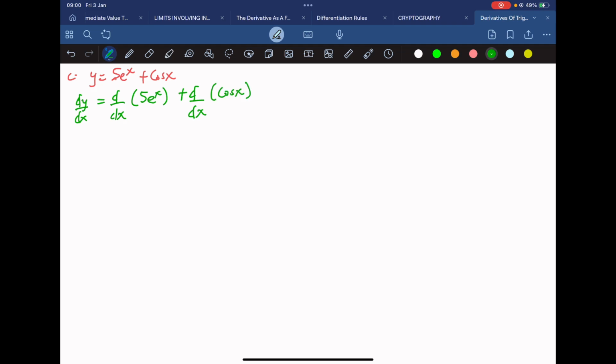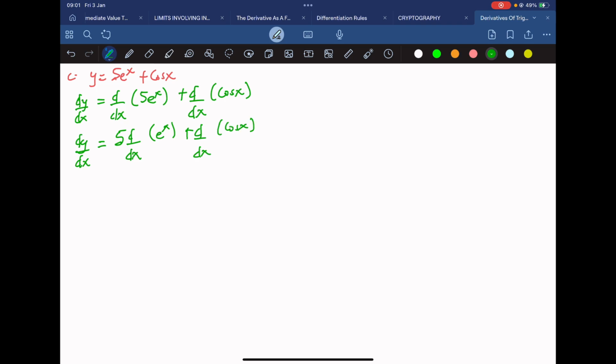So we have dy dx. Remember, whenever you are differentiating this and you have a constant, remember the constant multiple rule, you always bring the constant outside. So you have d dx, then e to the x plus d dx, then cosine of x.